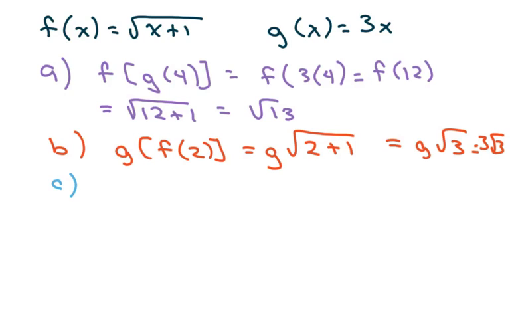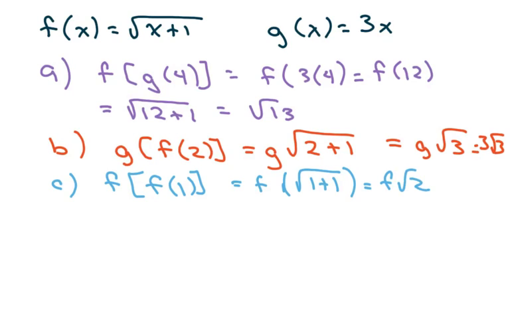And C is f of f of 1, which equals f of square root of 1 plus 1, which equals f of square root of 2, which equals square root of the square root of 2 plus 1.